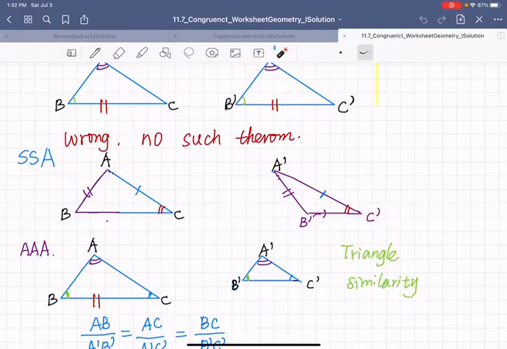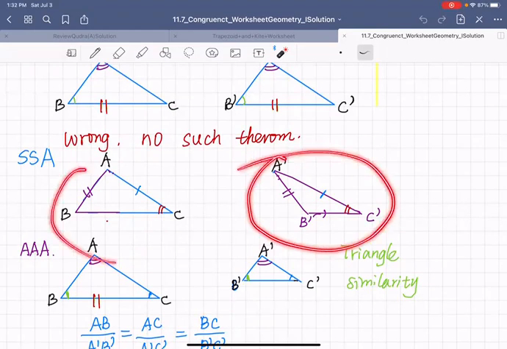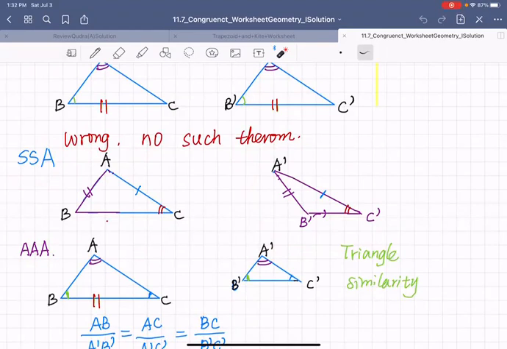When we learn pre-calculus, okay, you will learn algebra 2 after geometry, and pre-calculus after algebra 2. During pre-calculus, we will learn something called the law of sine, when we learn trigonometry. After we learn the law of sine, we will truly understand why SSA is not working, okay?